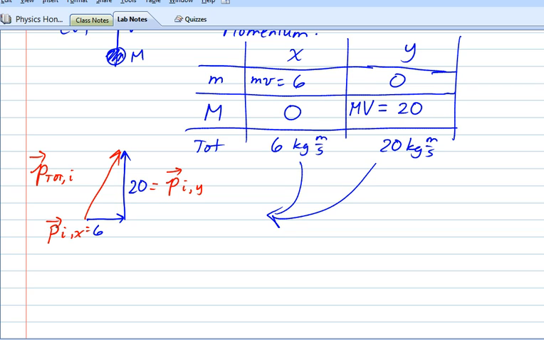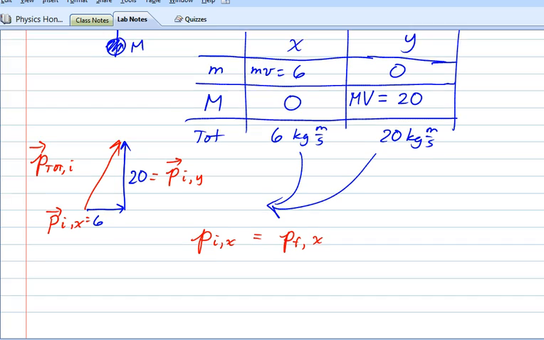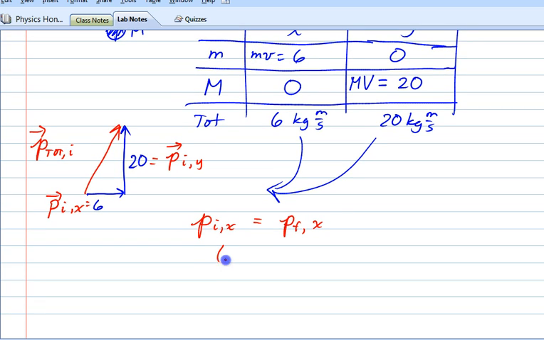And what we know from conservation of momentum is that the initial momentum in the x direction is equal to the final momentum in the x direction, and if the initial momentum is 6, well, that's just equal to the final momentum. But now we have to be careful because the final momentum is the mass of the entire system times v final in the x direction.